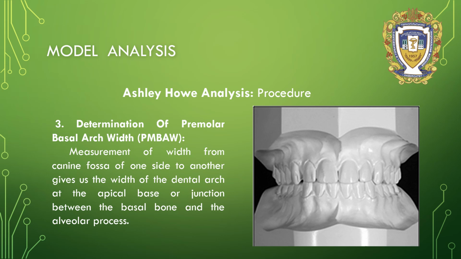Measurement of width from the canine fossa of one side to the other gives us the width of the dental arch at the apical base, or junction between the basal bone and the alveolar process.